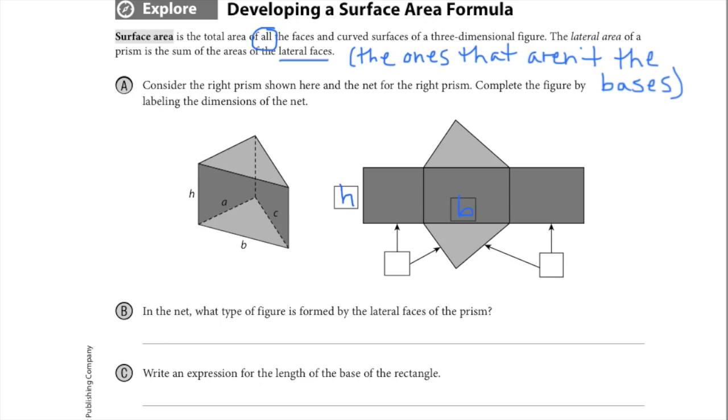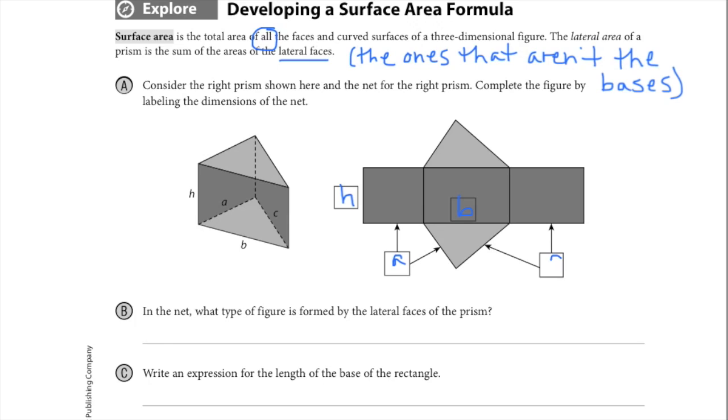Then this back left face is going to be that left-hand flap that you see there, and its length is A. And then on the right-hand face, we've got a length of C on that side of the triangle.